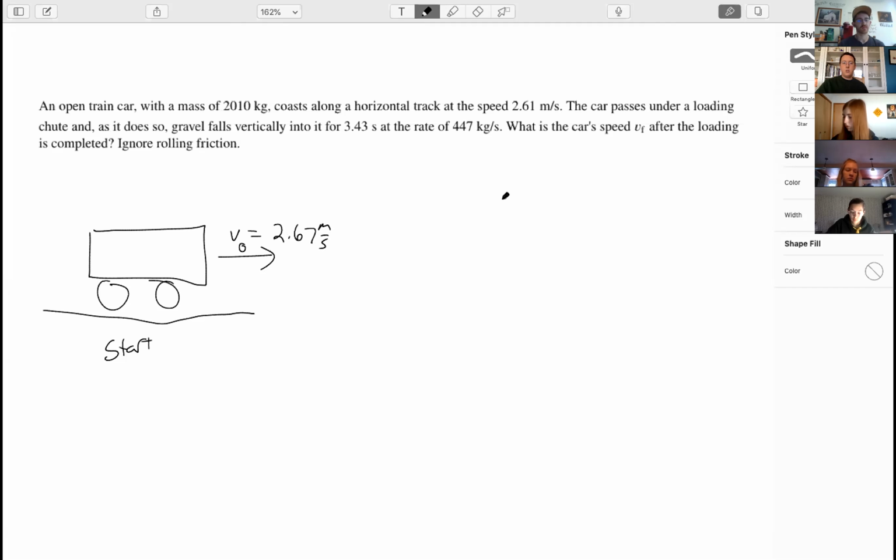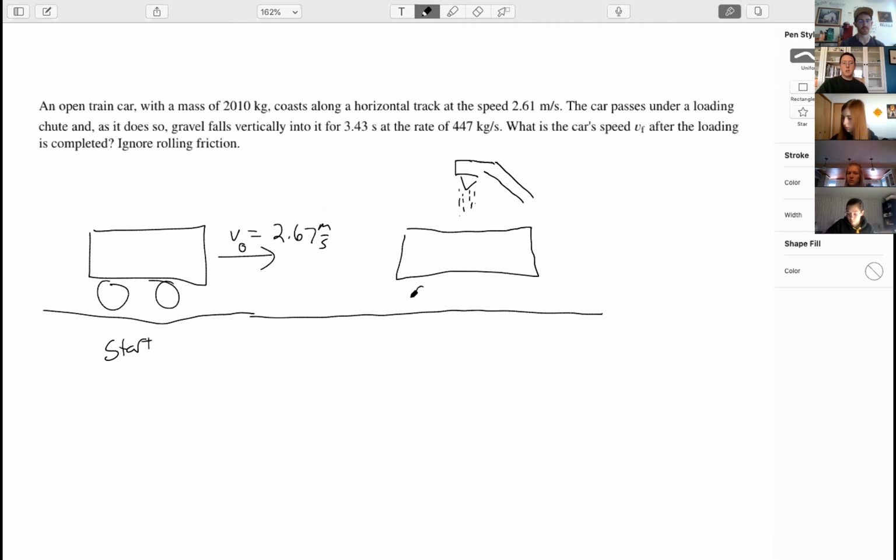And then there is a chute over the top, which is like a crane arm that will hang over the top and just dump stuff down. And so as the train travels underneath, okay, what's going to happen is that its mass is going to increase, right? Because there's going to be stuff loading from the top.